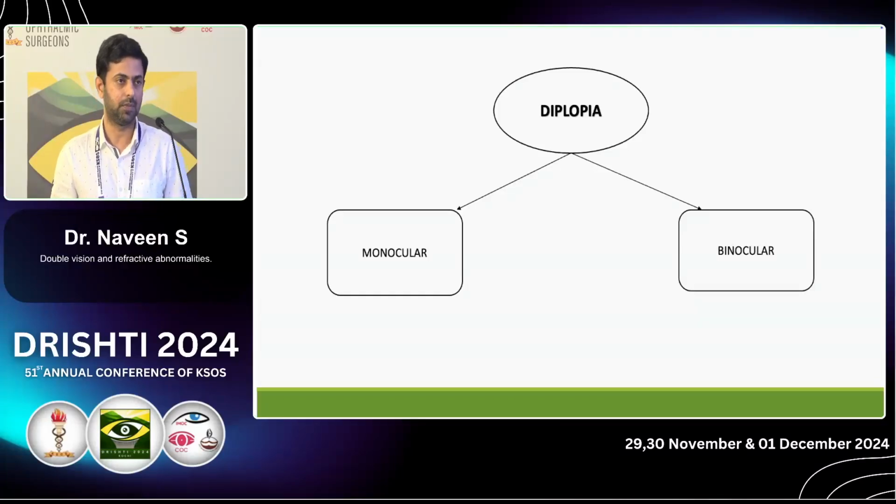Sometimes the patient will tell us that when he or she closes either eye, the diplopia resolves. So, this patient said he is having diplopia monocularly, and we can confirm it by doing a cover test. We cover either eye and see if the diplopia resolves.